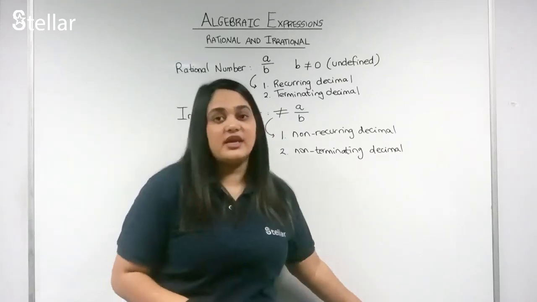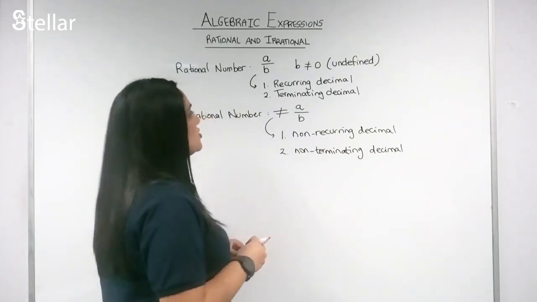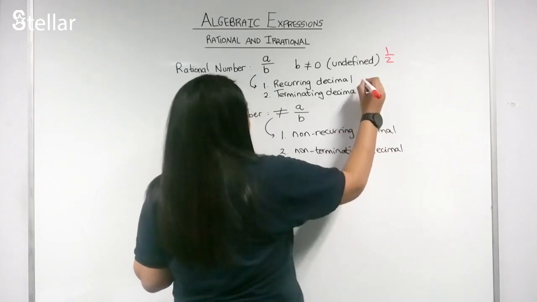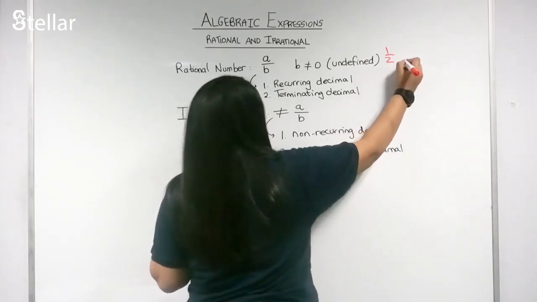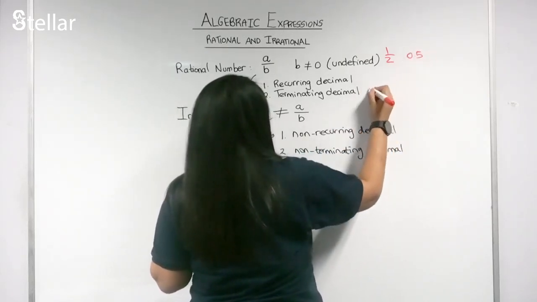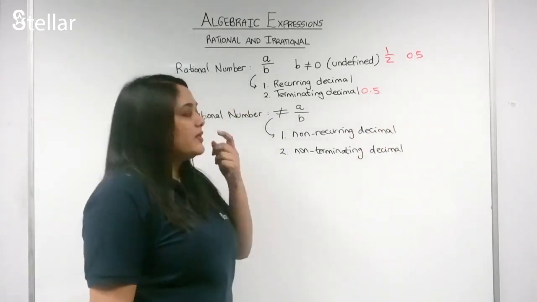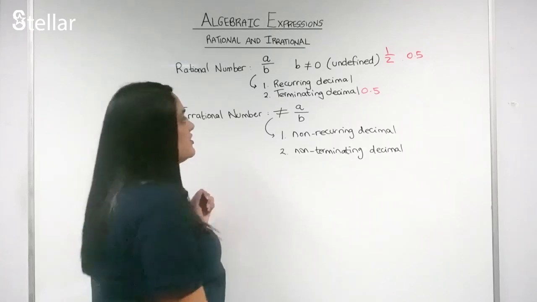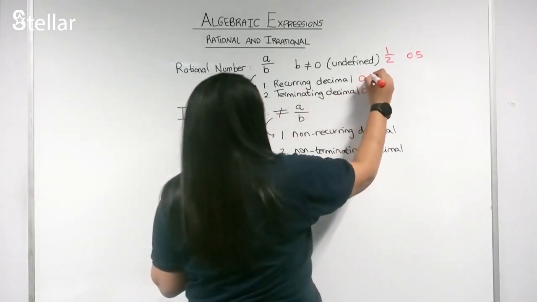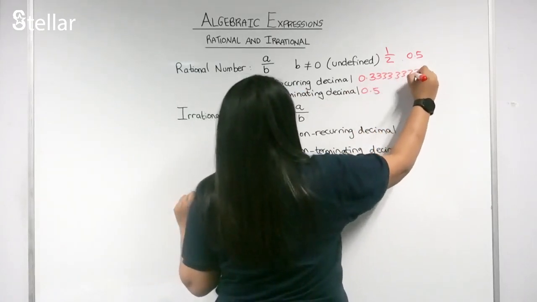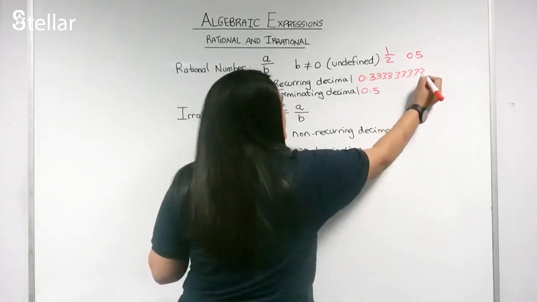From that, we can get examples. For example, the number 1 over 2, which is 0.5. It's terminating. But we can also get another number. Say our decimal was 0.3333 and so on.